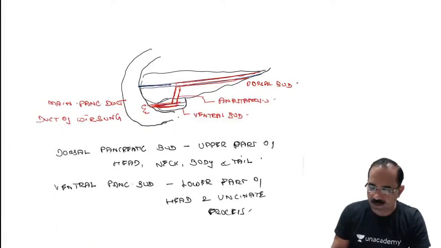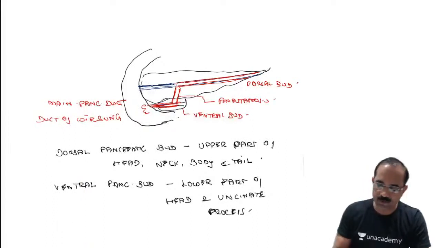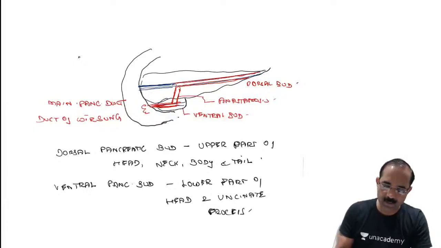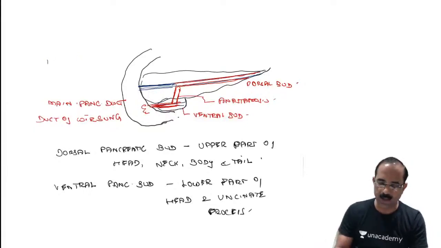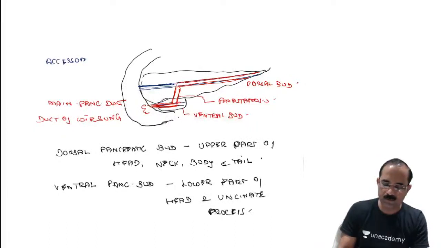And what is this going to form now? This is going to form the accessory pancreatic duct, also known as the duct of Santorini.